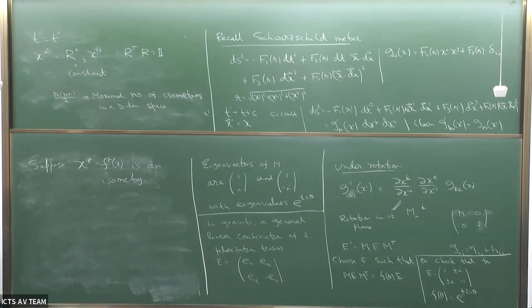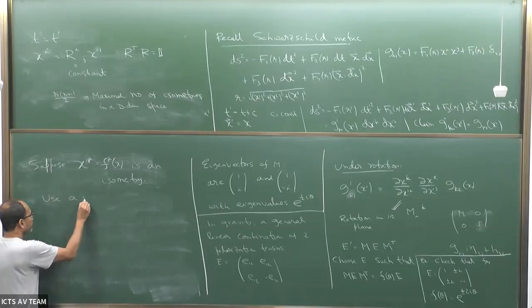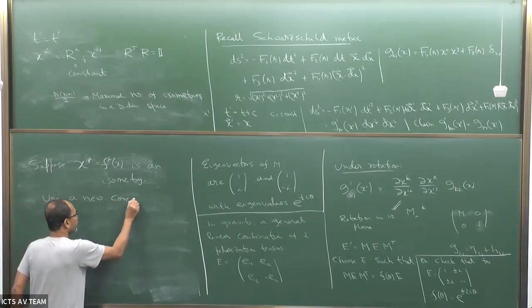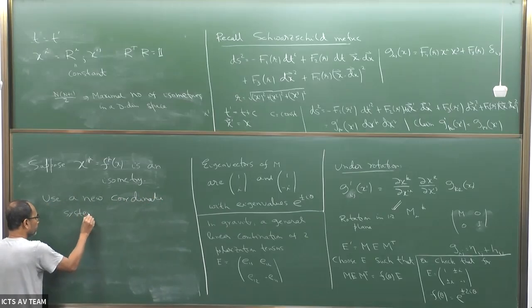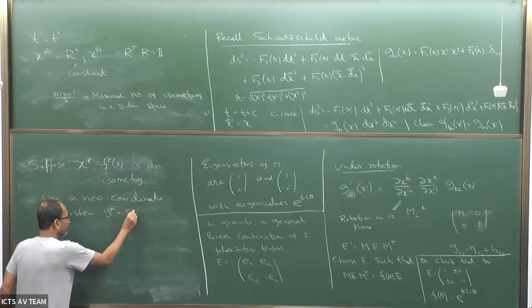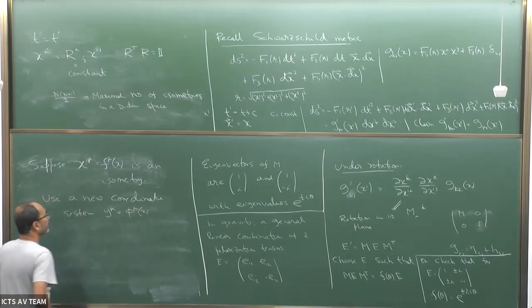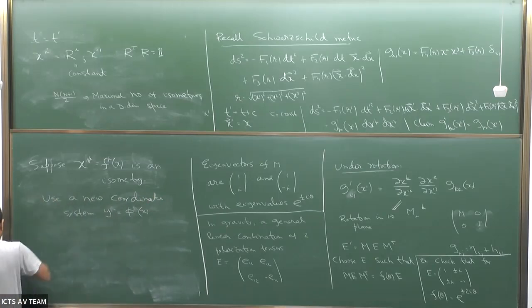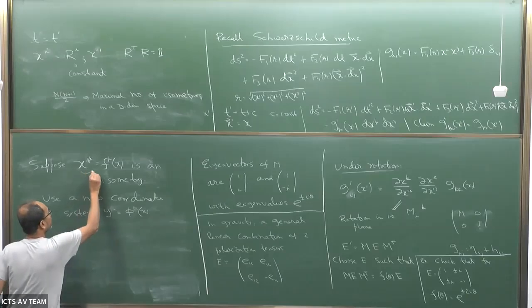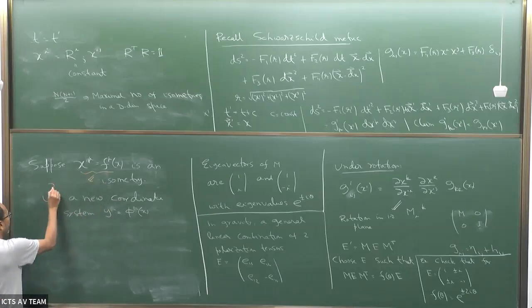Now I describe the same metric using a new coordinate system, y mu equal to, say, phi mu of x. Let me introduce a shorthand notation because it will be useful. This kind of transformation I'll write as x prime equal to f of x.